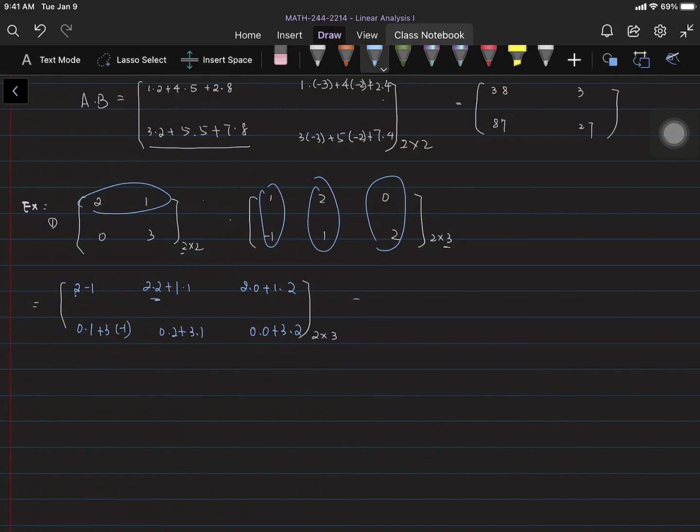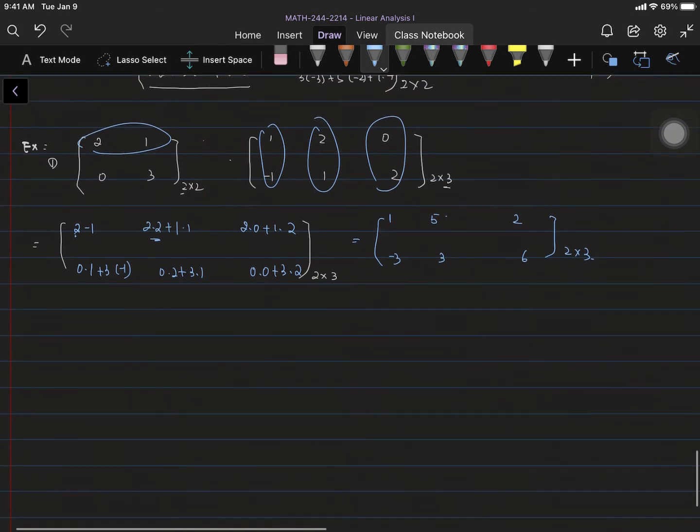The final answer should be 2 by 3. So just simplify: 4 add 1 is 5, then 2, negative 3, 3, and 6. Okay, that's the exercise.